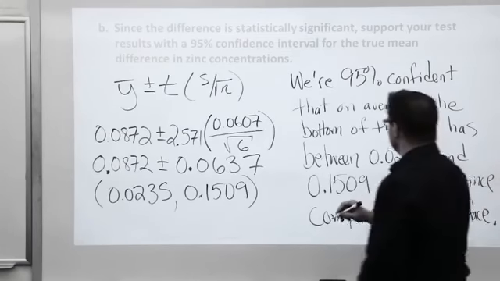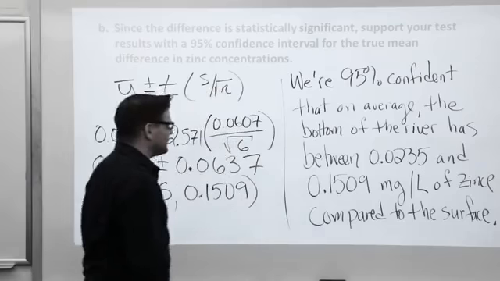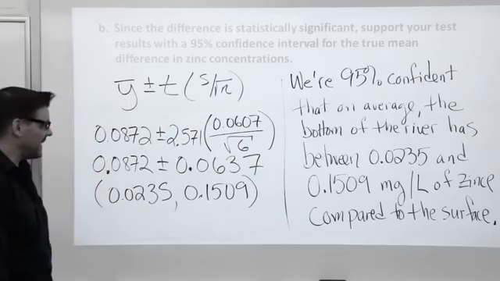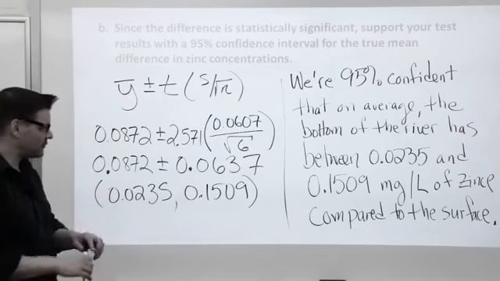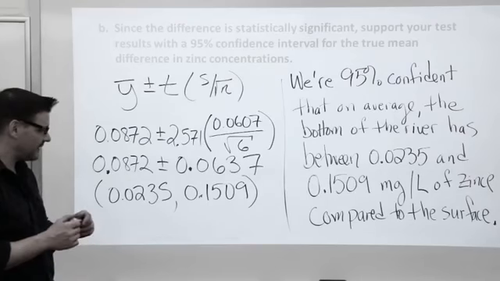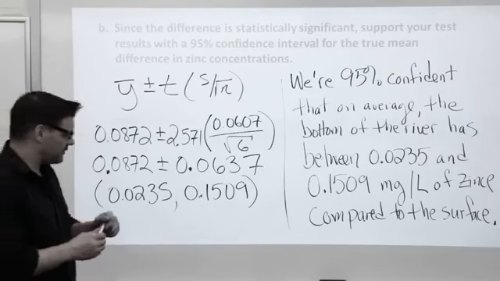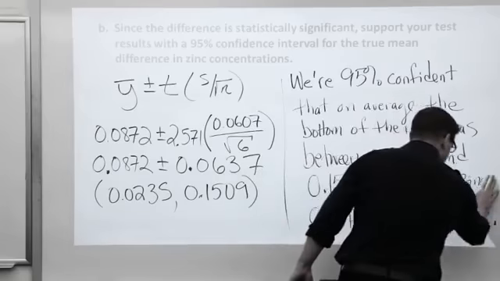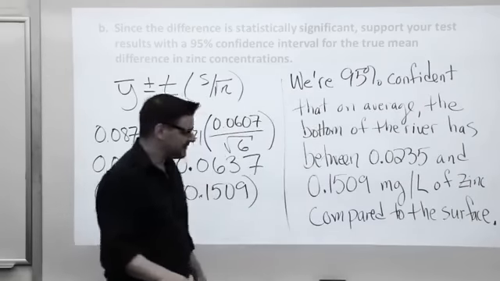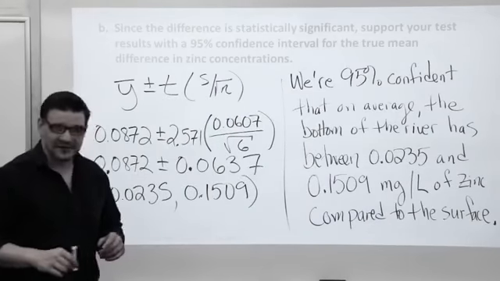Period. Right? We're 95% confident on average the bottom of the river has between 0.0235 and 0.1509 milligrams per liter of zinc compared to the surface.